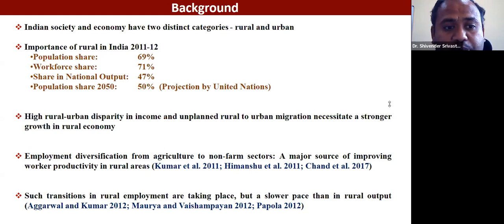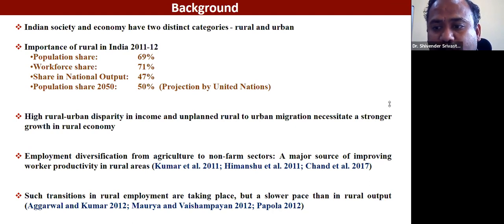About 69% of India's population, based on Census 2011, about 70% of the population still resides in areas which are classified as rural. Similarly, about 71% of the total workforce in the country resides in rural areas.